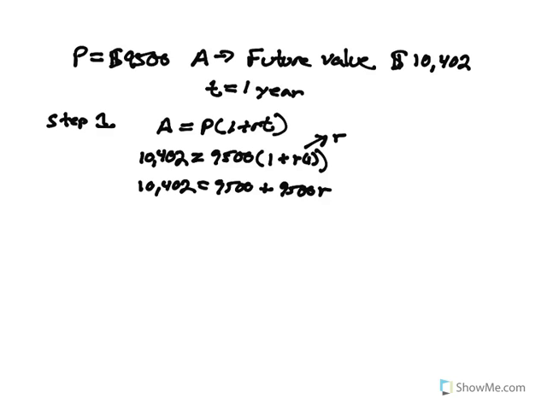Now we're going to subtract 9,500 from both sides because we want the 9,500 times R by itself, okay? So we could just do this. Subtract 9,500. Okay, so these cancel. When you do $10,402 and you take away $9,500, you will get $902.50.